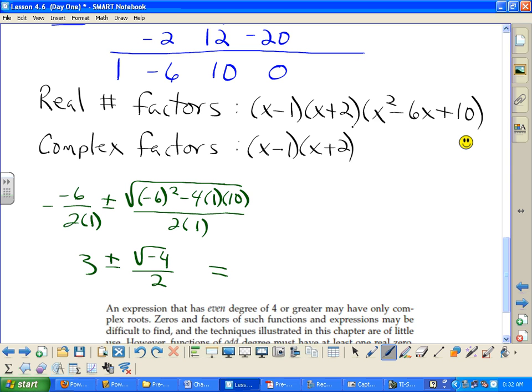Square root of negative 4 is 2i, and 2i over 2 is i. Okay, so this would be 3 plus or minus i. So then when I write it as factors, we're going to have x minus 3 plus i and x minus 3 minus i. And that would be for the complex factors.